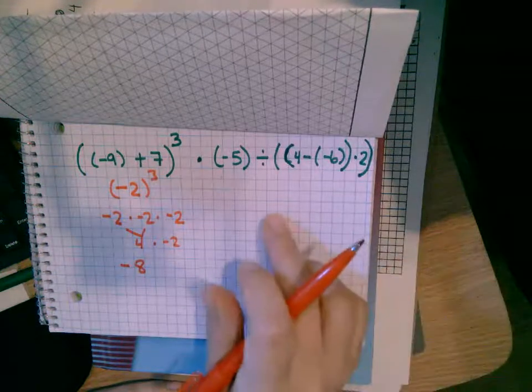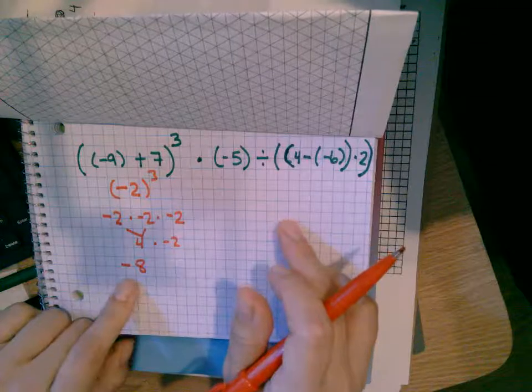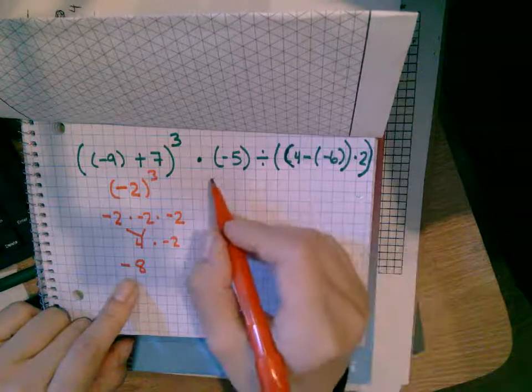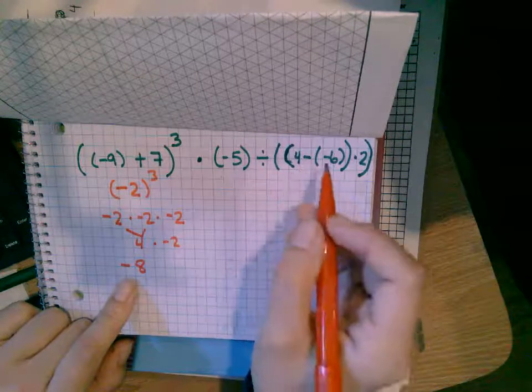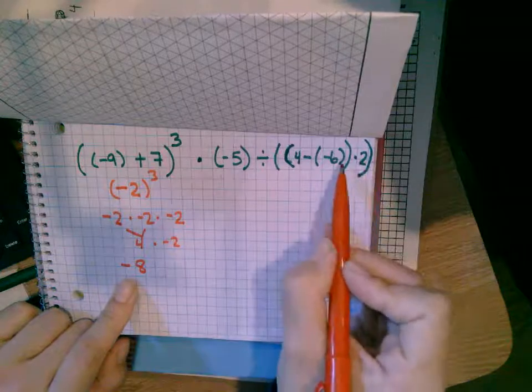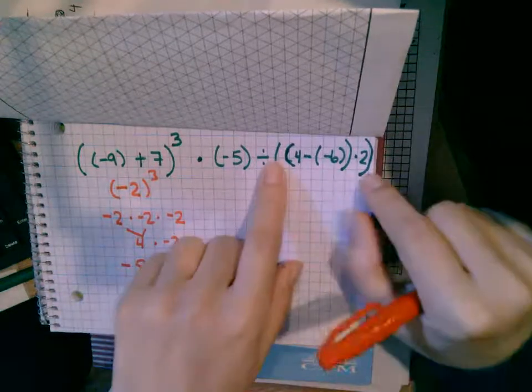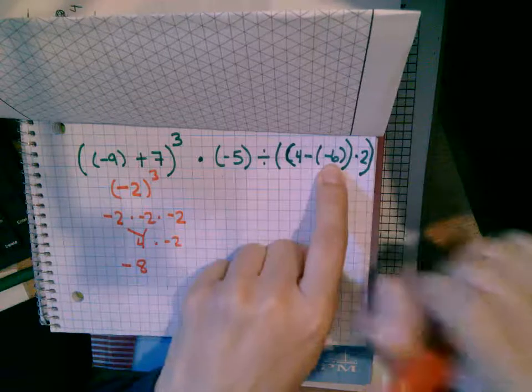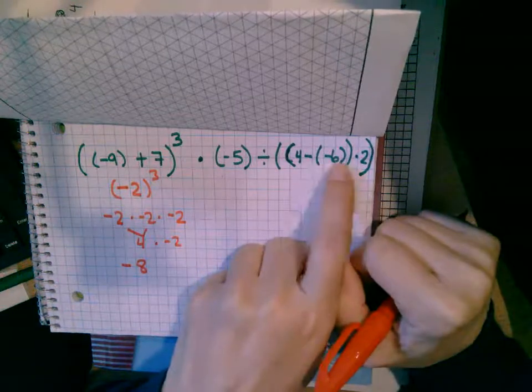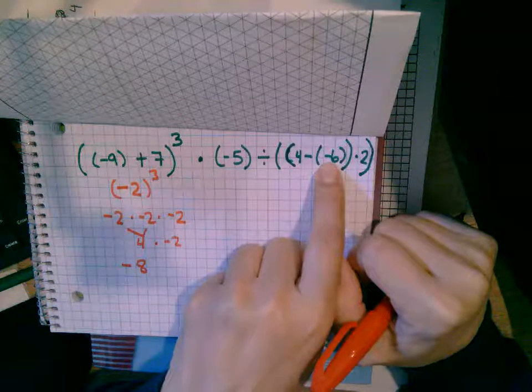Now I'm going to make sure it's a negative. And then here it's like one big mess, right? So you look at the interior parentheses, and that's just a -6 in parentheses to make it all nice and pretty.